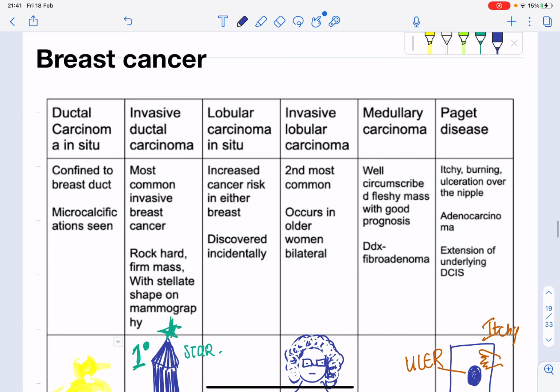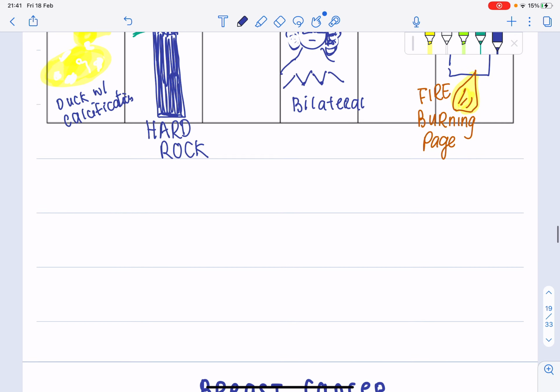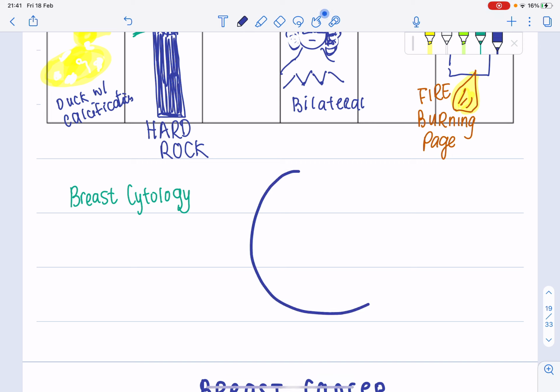Before we move on to these 6 specific types of breast cancer, it's important to understand one thing. So the breast cytology or the histology. Here is the normal lumen of the breast, and the breast ducts and the lumens, and how exactly you'll see the lobules and the ducts.